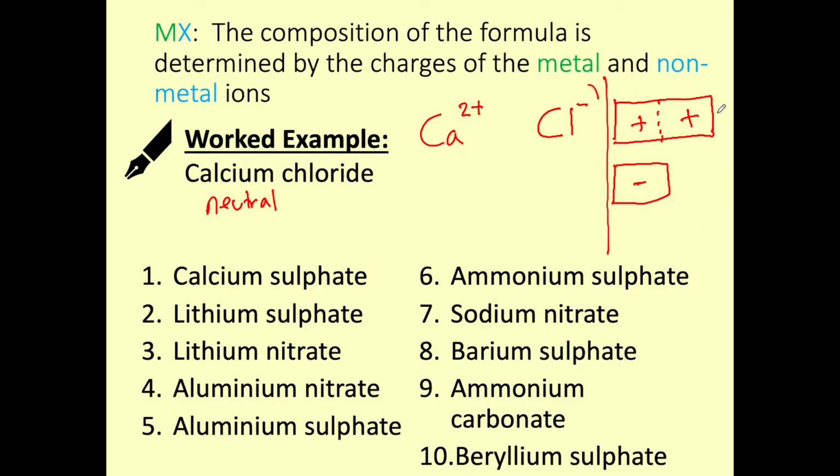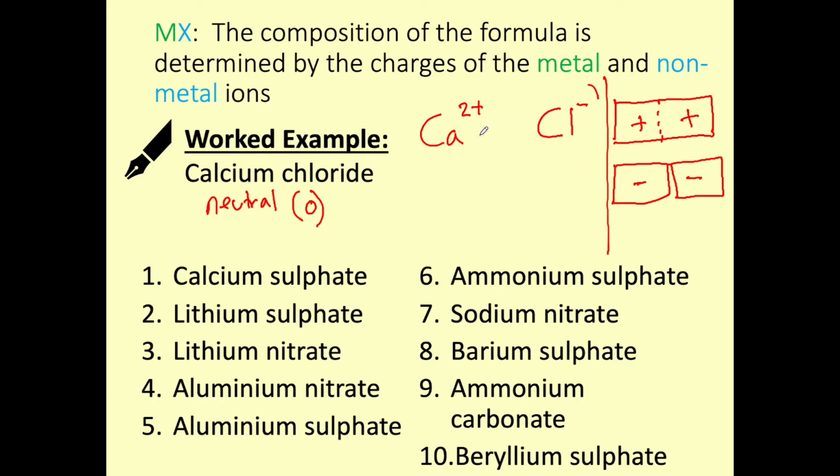So overall at the moment we've got an overall charge of +1, but we need it to be neutral, which is overall 0. And so hopefully what you can see is that we're going to need another negative charge in order to make our number of positive charges and our number of negative charges neutral overall. So now we have 2+ and 2-, which add together to make 0 and is therefore neutral.